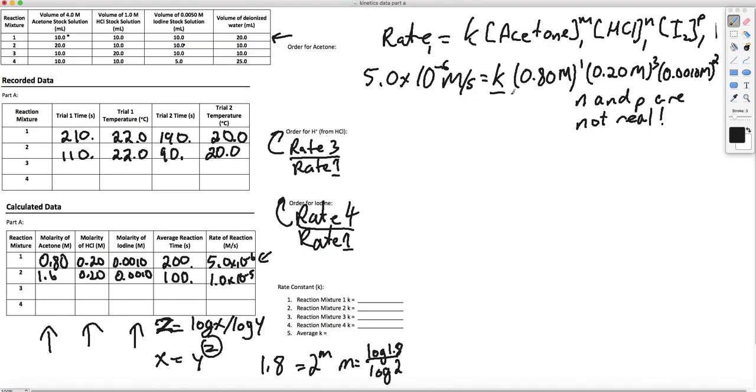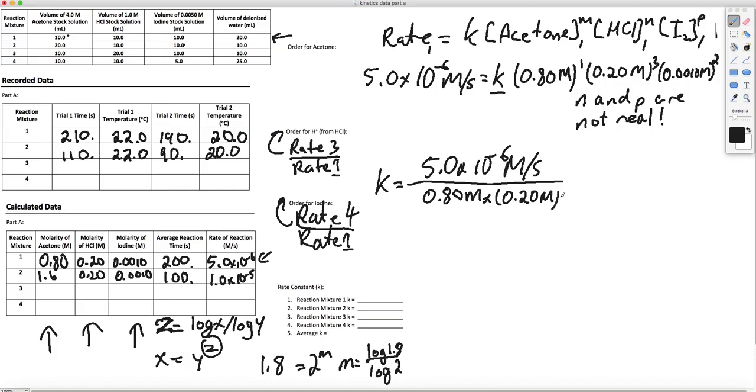So now I can actually solve for this value of K. So K is going to equal 5.0 times 10 to the negative 6 molar per second, divided by everything that I have here, 0.80 molar times 0.20 molar, and that's to the 3, and 0.0010 molar, and that's to the power of 2.